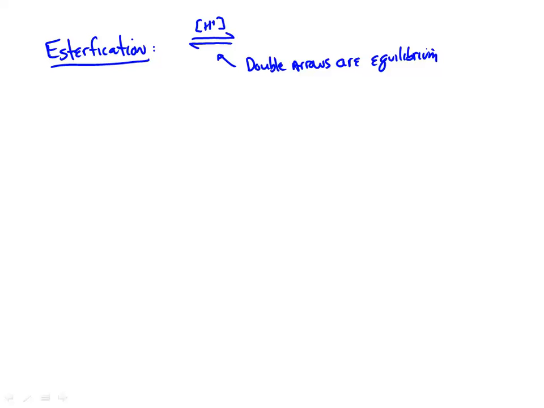And in fact, since this is the chapter on alcohols, we're going to run it in the forward direction, and then we'll see this exact same reaction in the carboxylic acid chapter in both the forward and backwards directions. So this is one of those that we get to see over and over again. And then the H plus simply means that it has to be done under acidic conditions.